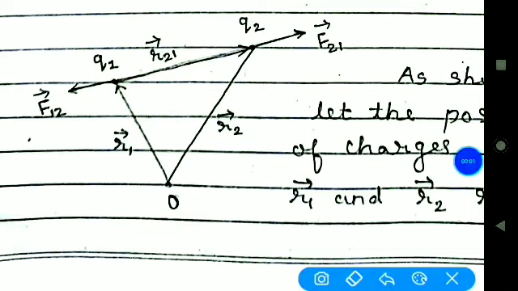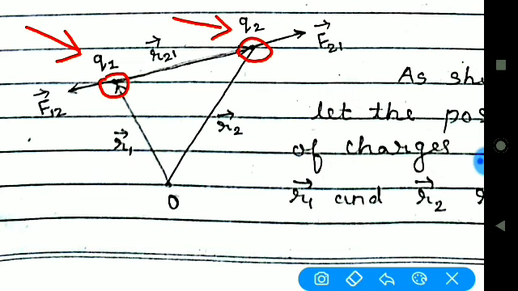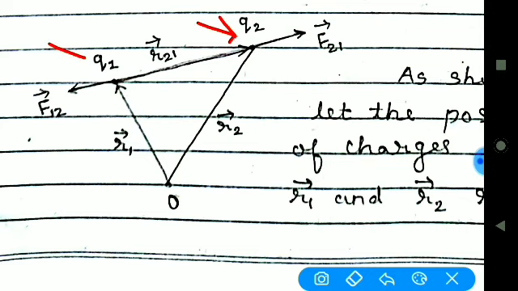As shown in the figure, consider two charged particles Q1 and Q2. The force acting on charged particle Q1 is due to Q2, as well as the force acting on charged particle Q2 is due to Q1.